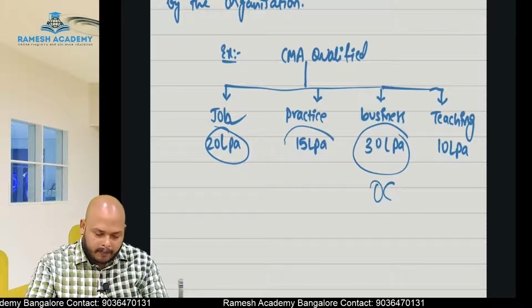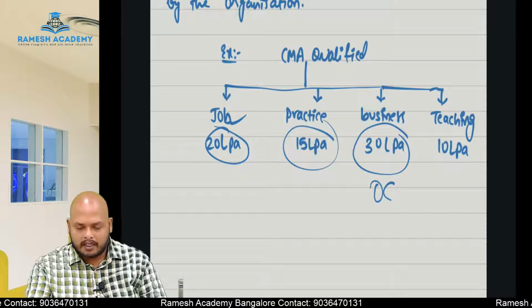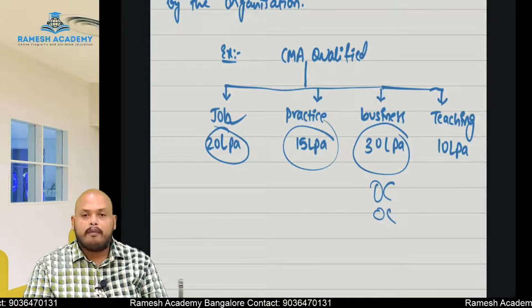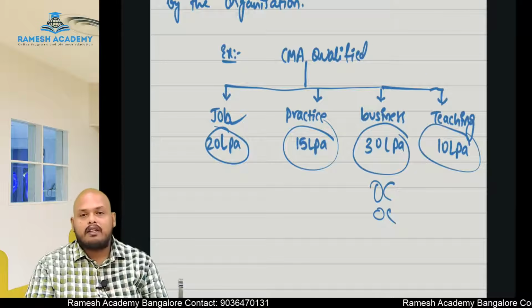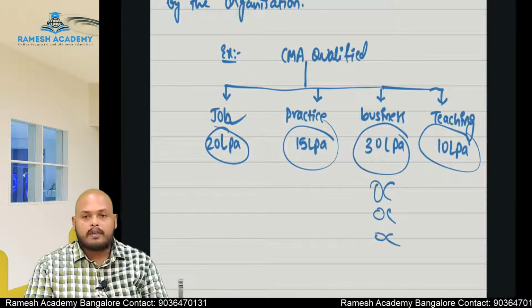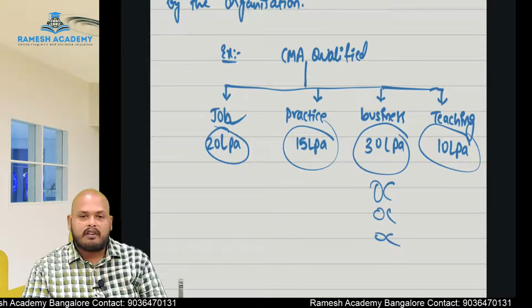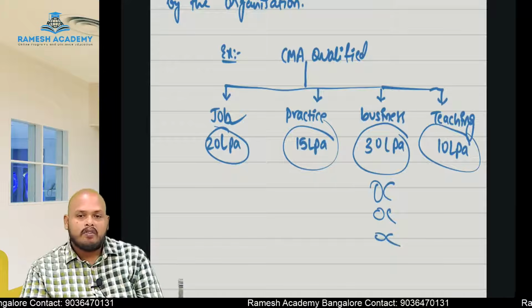Suppose you are going for practice now. What is the next best alternative you are sacrificing? Business, obviously. That will become your opportunity cost. If you are going for teaching, you are getting 10 lakhs. What is the next best alternative you are sacrificing? Business. That is your opportunity cost. Opportunity cost means the next best alternative which we are sacrificing.